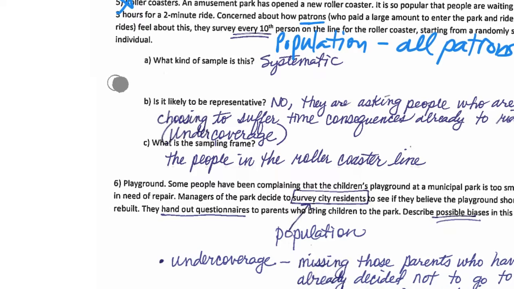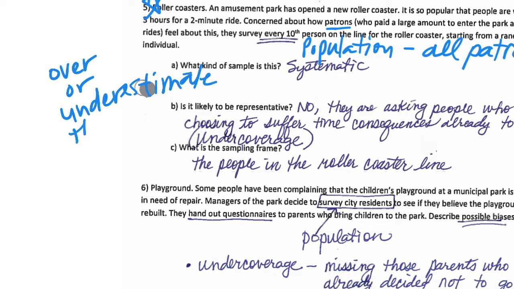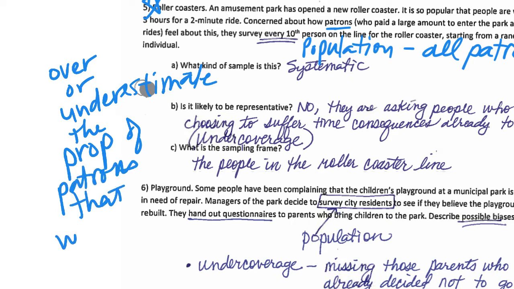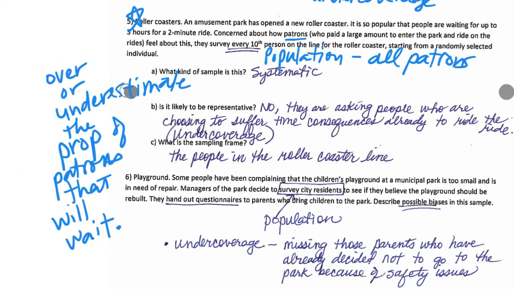I would say something like this: does this overestimate or underestimate the proportion of patrons that will wait in long rides and in long lines? So is this sampling method overestimating or underestimating the proportion of patrons that will wait?